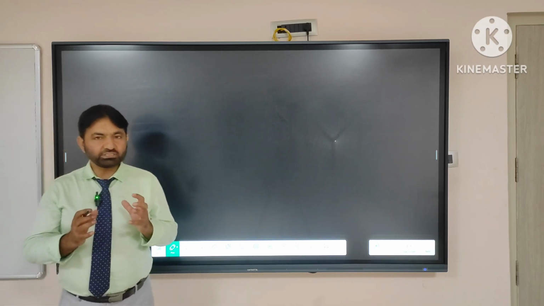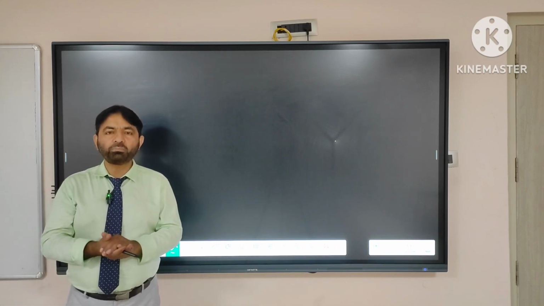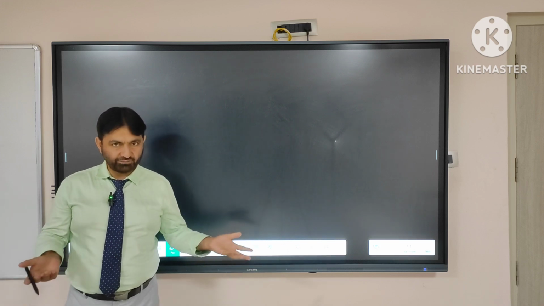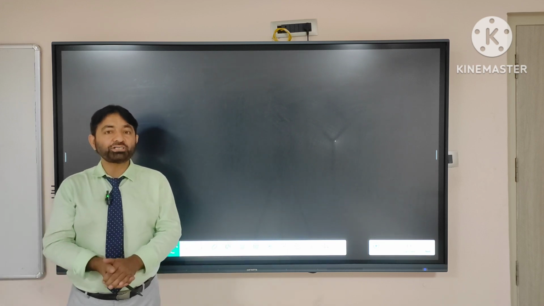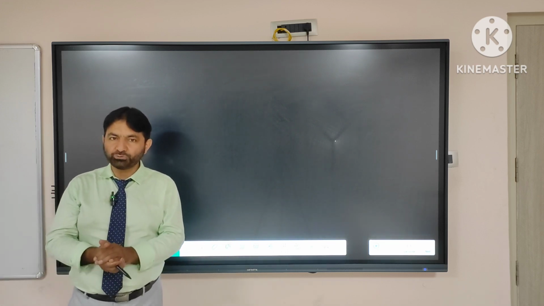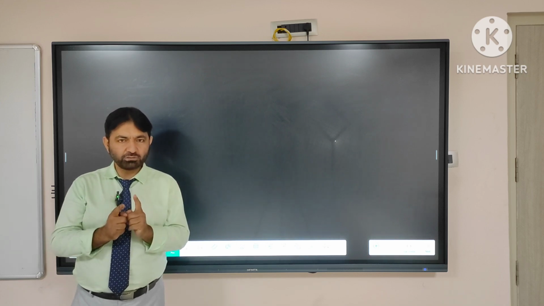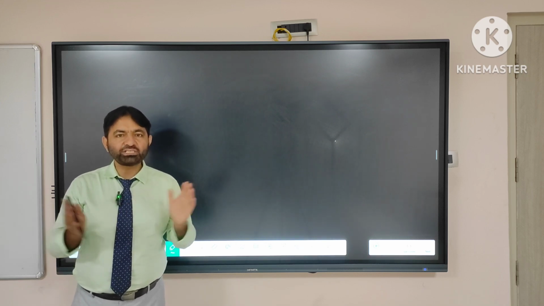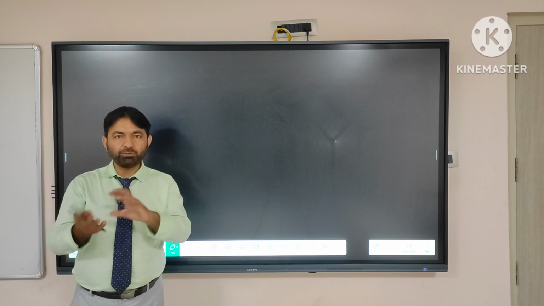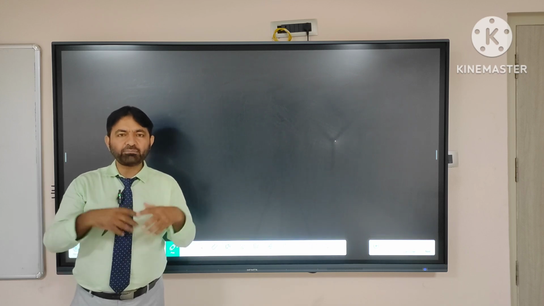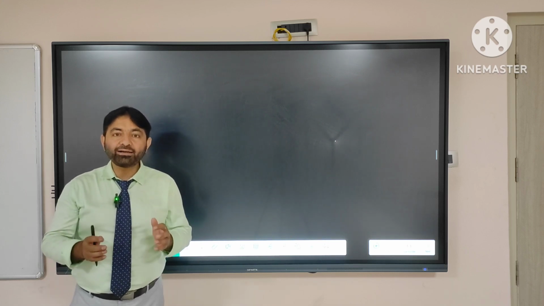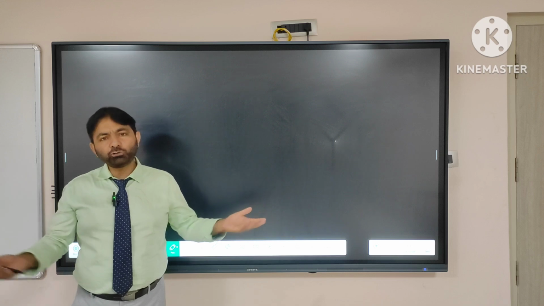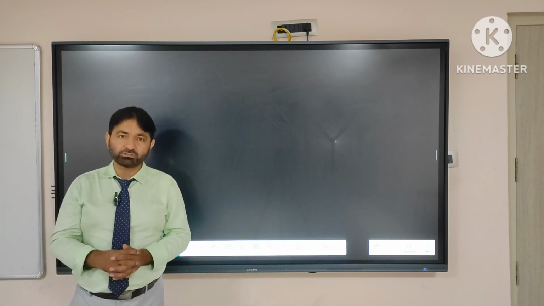The condition is the sum of two numbers is 27 and their product is 182. We have two numbers and their sum is 27. And if we multiply them, their product comes out to be 182. So we want to find out what these two numbers are.